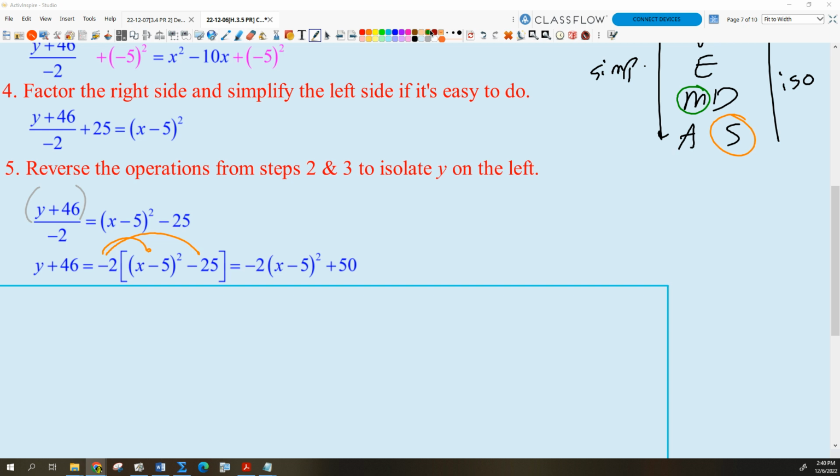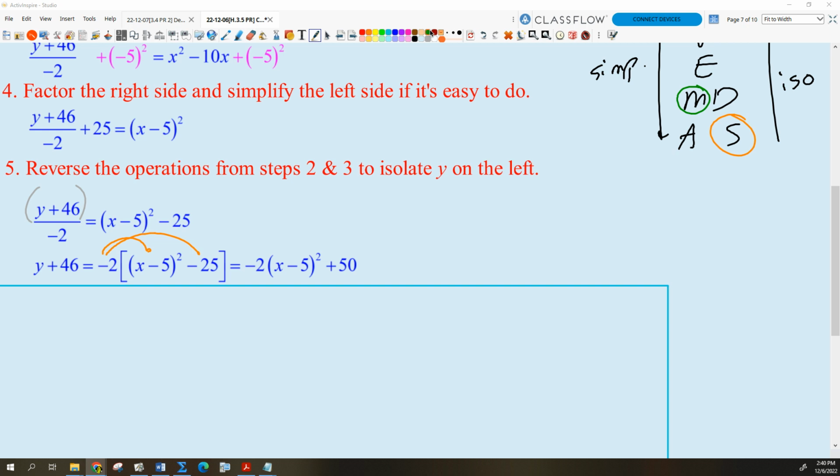So I can't distribute the -2 inside something that's being squared. All I can do is distribute it so it's being multiplied by that term right there: -2 times the quantity x minus 5 squared. That's starting to look familiar though. Doesn't that look like a times the quantity x minus h squared? Then I distribute the -2 to the -25 and I get positive 50.